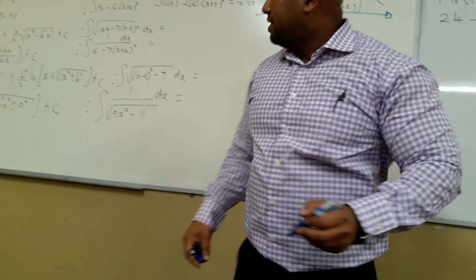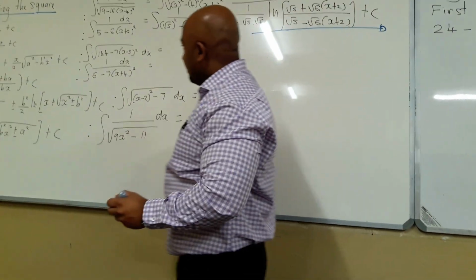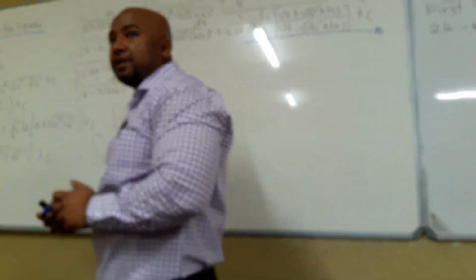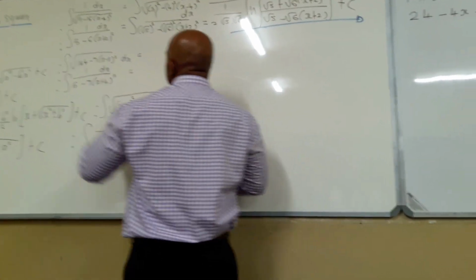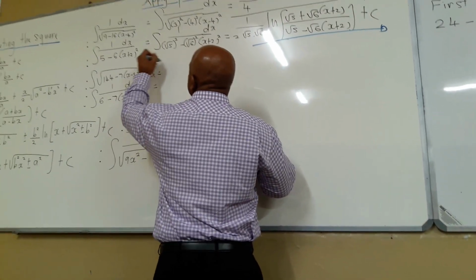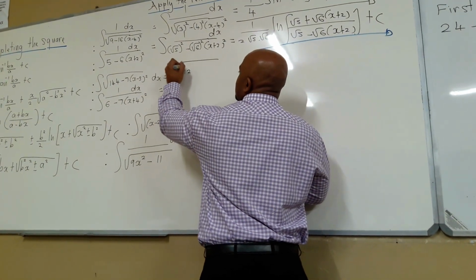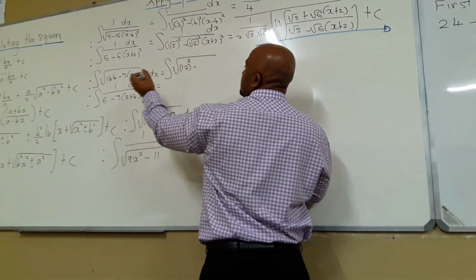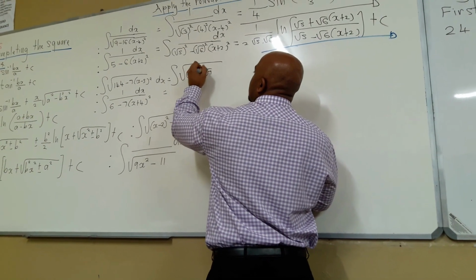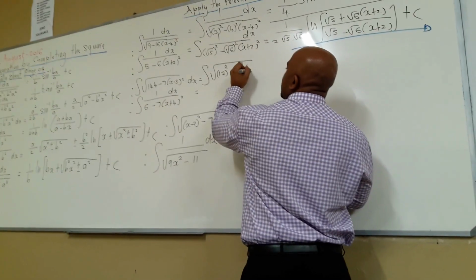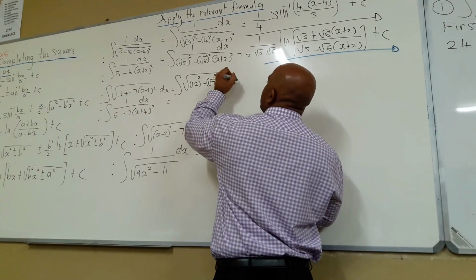Okay, and let's deal with the next one. Let's rewrite this as perfect squares. So 144 will be 12 squared minus the square root of 7 squared times x minus 3 all squared.